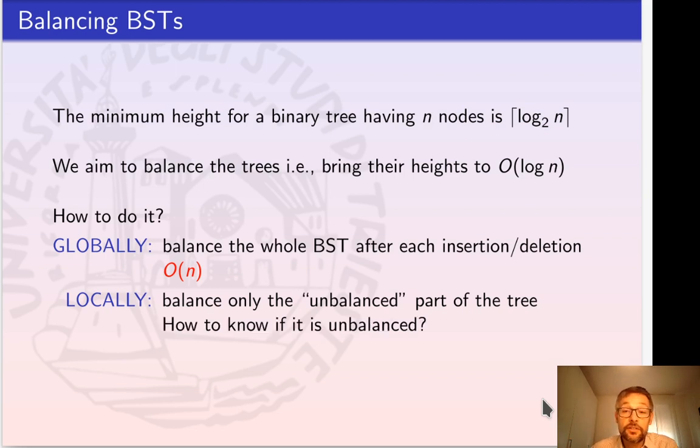This is a possible strategy, which, however, is not that easy, because how do you know if a subtree of the whole tree is unbalanced? How can we get it? And in particular, how can we handle the branch lengths?